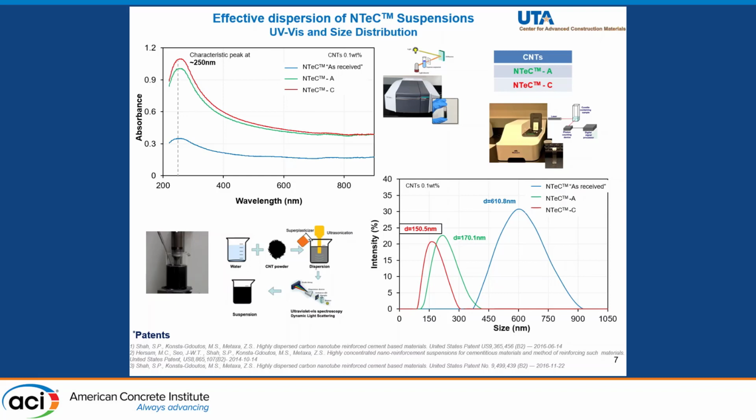Before the ultrasonication, we observed a high particle size and a very wide particle size distribution, which after sonication became less wide, and the particle size also decreased to about 170 nanometers and 150 nanometers.